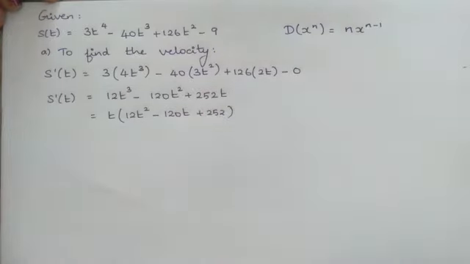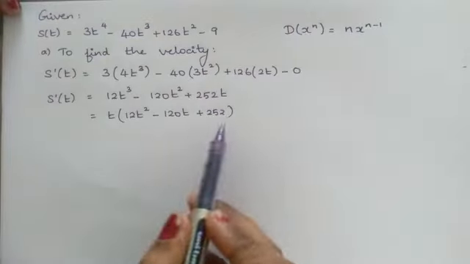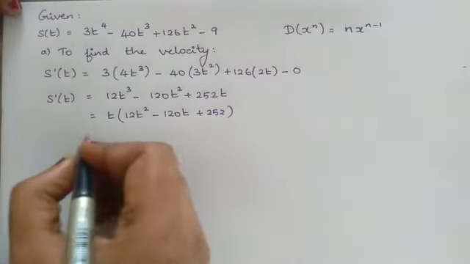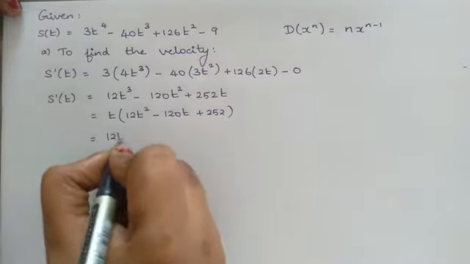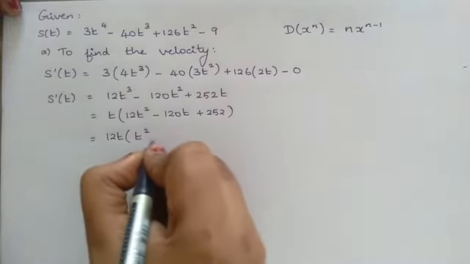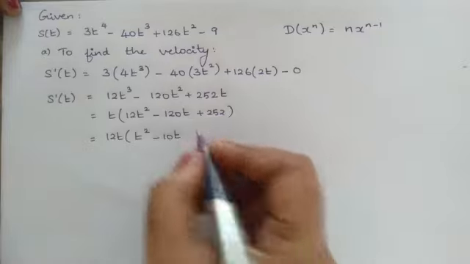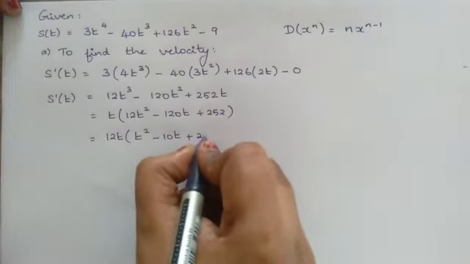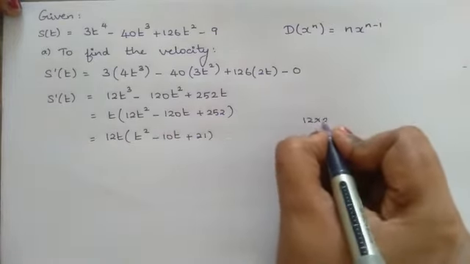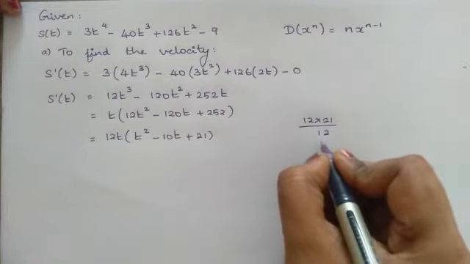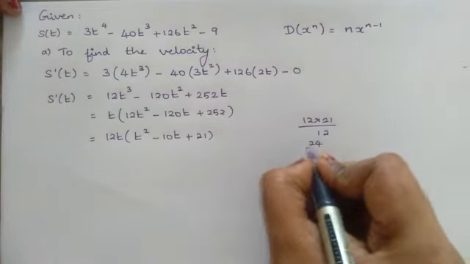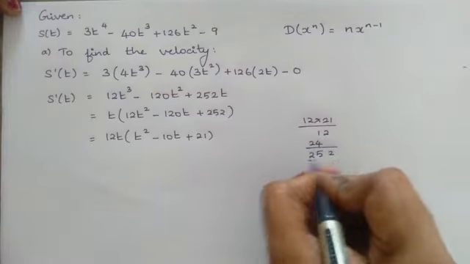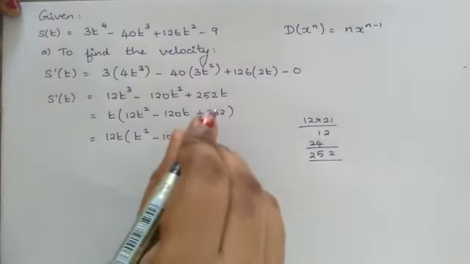Now 12 is a common factor for the entire expression within the bracket, so let's take 12 outside. This is 12t into t square minus 10t plus 21, since 252 is 12 into 21. That's why we have taken 12 outside.